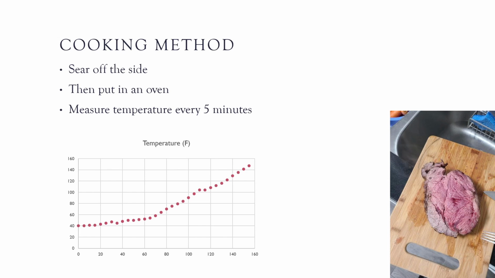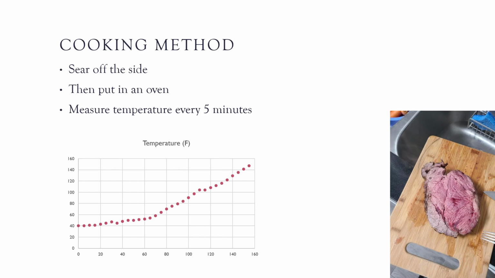Because I kept constantly opening the oven every 5 minutes, some heat got released out of the oven, which lowered the temperature, so it couldn't stay maintained at 350 degrees Fahrenheit. That could be a factor in my data being a bit off.